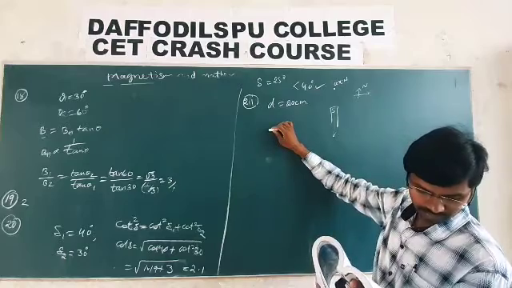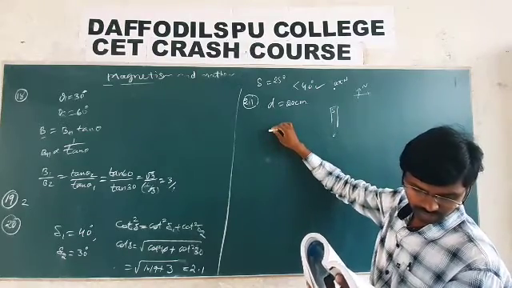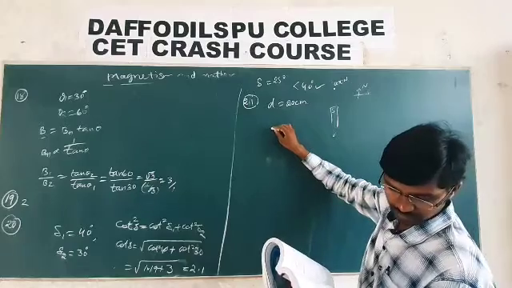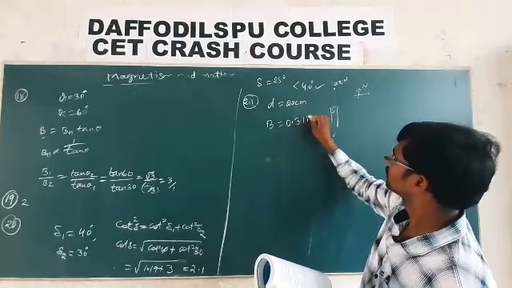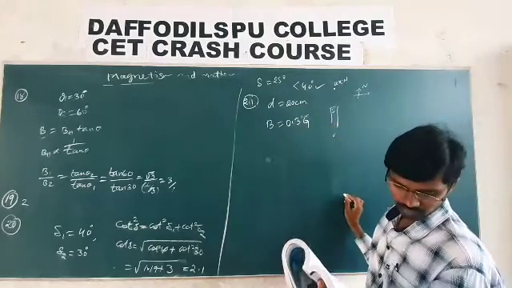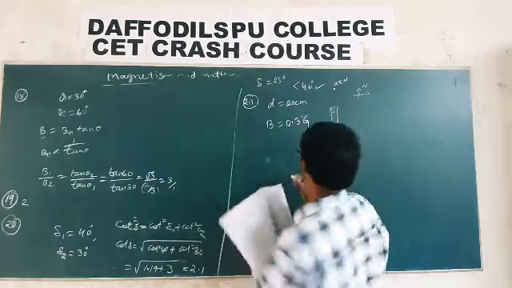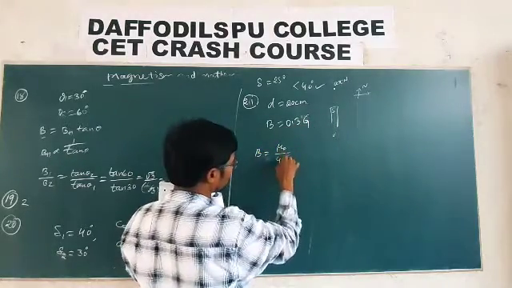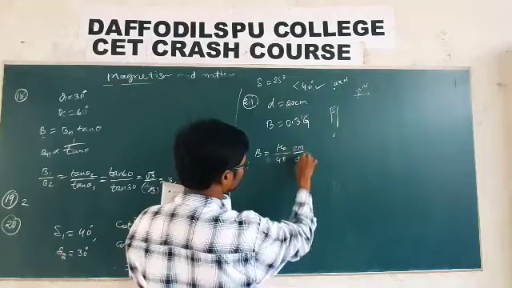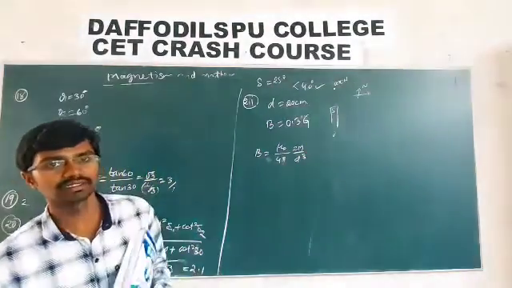Now let us find it. On the axial line, what is the magnetic field? BH is equal to mu naught by 4 pi into 2md by (d square minus l square) whole square, because we have the L values. BH is 0.34 into 10 power minus 4 Tesla, and mu naught by 4 pi is 10 power minus 7.